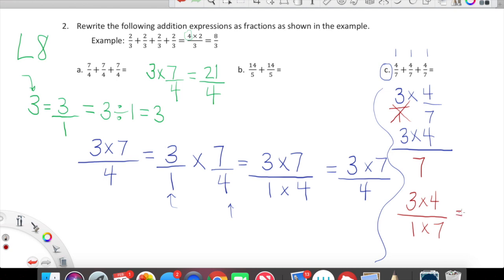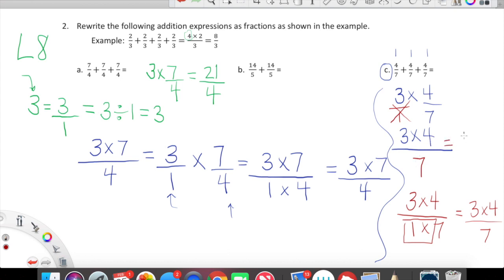But you guys know that 1 times 7 is 7. So it's really not necessary to have this 1 times 7. It's easier just to have our 7. So the way that we can rewrite 3 copies of 4/7 is in this way: 3 times 4/7.